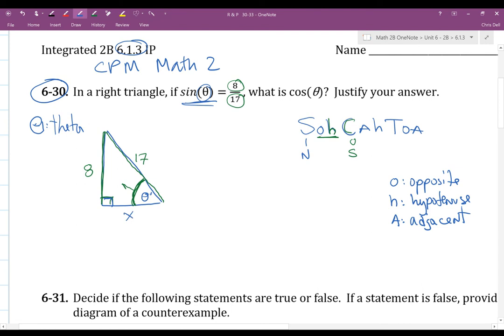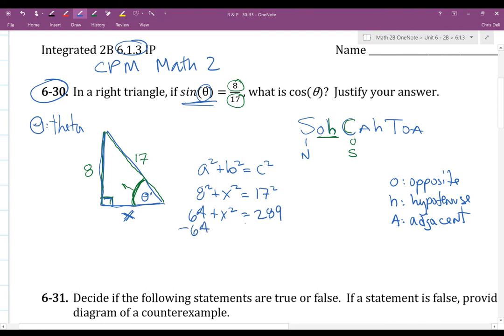I can figure that out by using another theorem I have with right triangles, and that's the Pythagorean theorem. I know that a squared plus b squared is equal to c squared. So if I'm going to try to find my missing side, this x, I could say 8 squared plus x squared is equal to 17 squared, because I know two sides of a triangle. If I know two sides, I can always find the third. So this is 64 plus x squared is equal to 289 when you square 17.